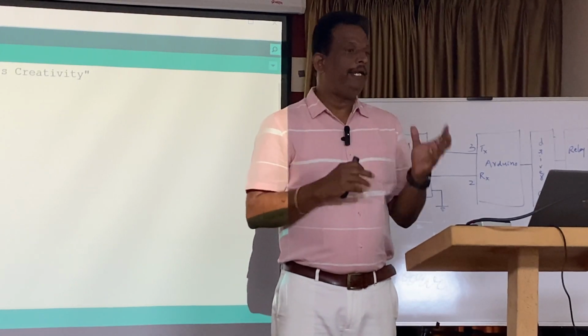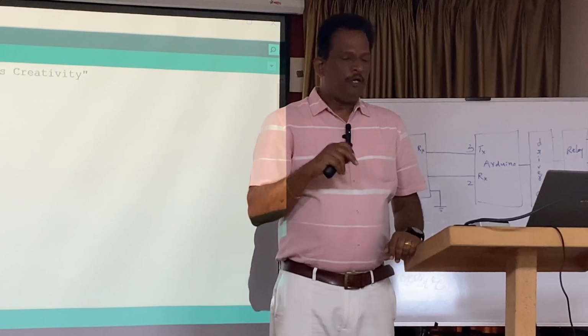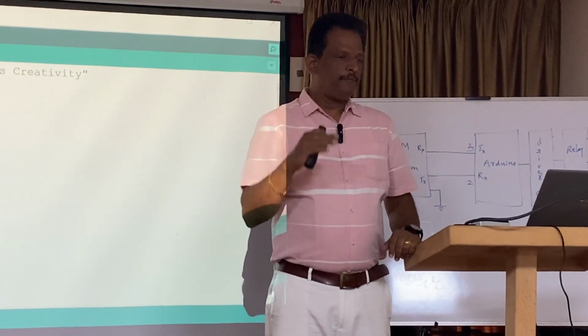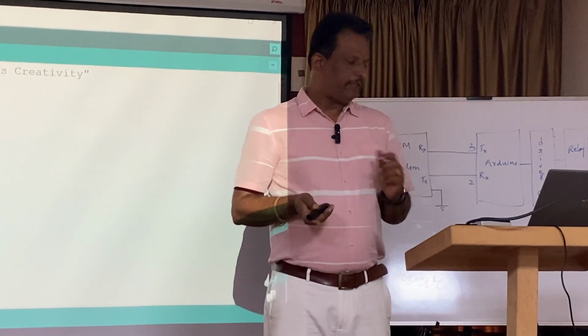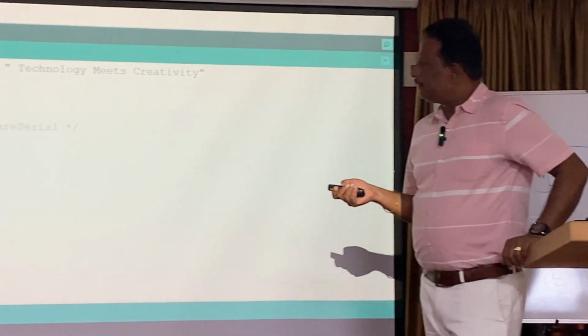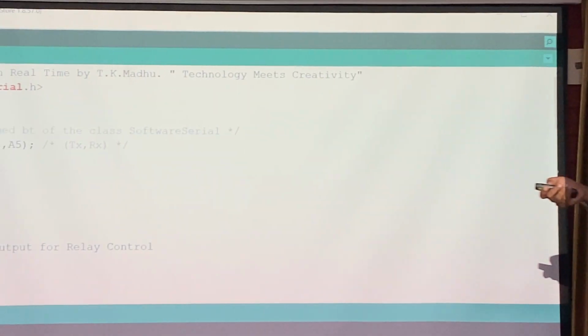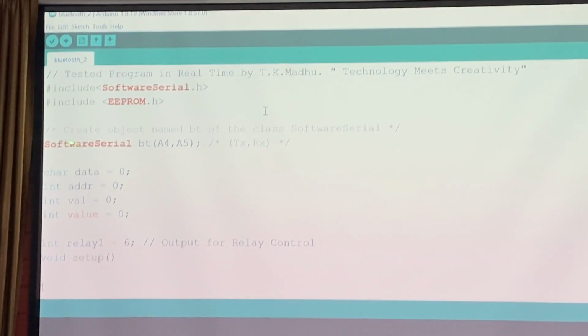Suppose the light is on, once power goes off and comes again, the light should be on only. Otherwise, if you don't use this, it will be off. For that purpose we have included the EEPROM header file, because it has an EEPROM inbuilt, so it will store that status.